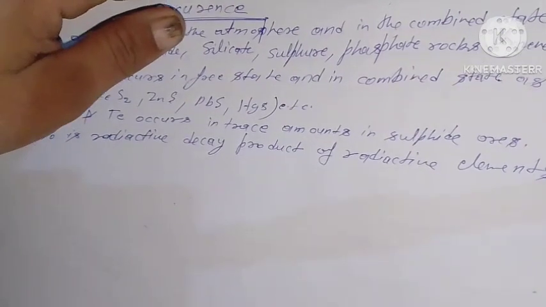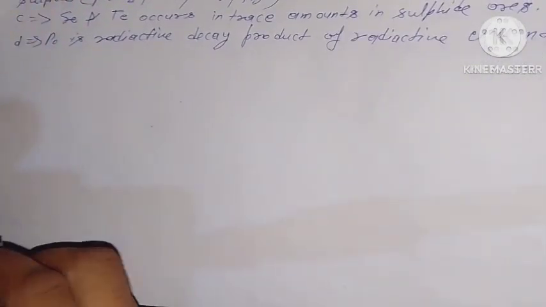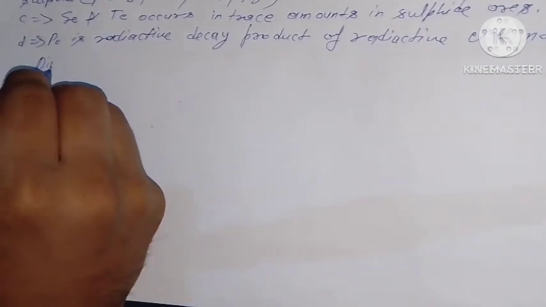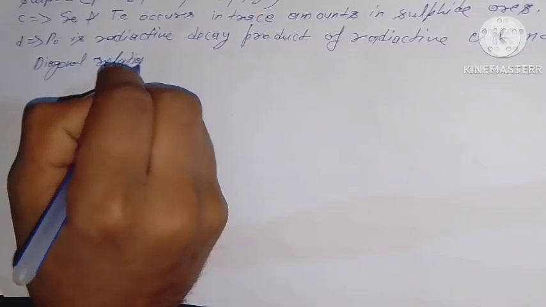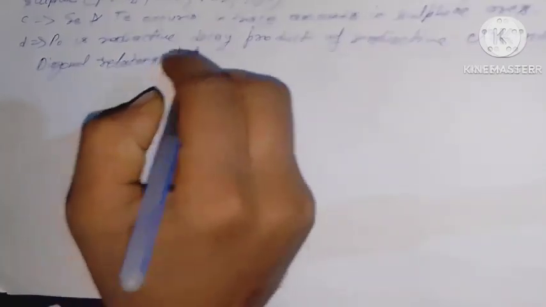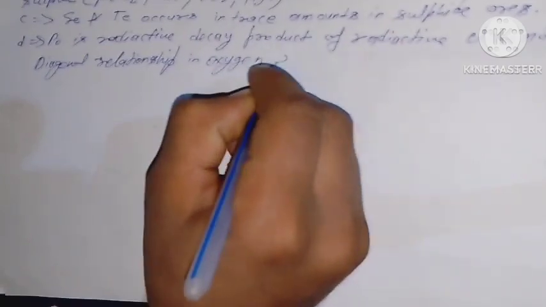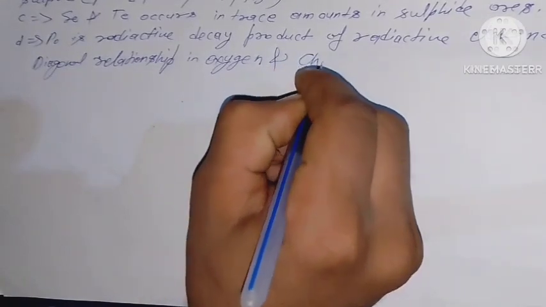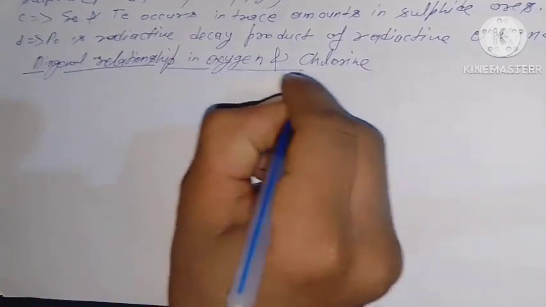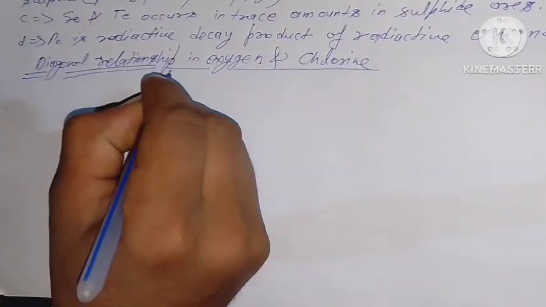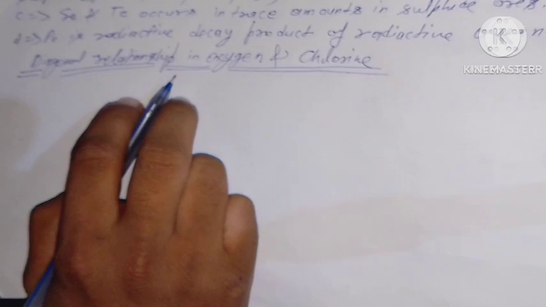Diagonal relationship in oxygen and chlorine. Okay, diagonal relationship in oxygen and chlorine.